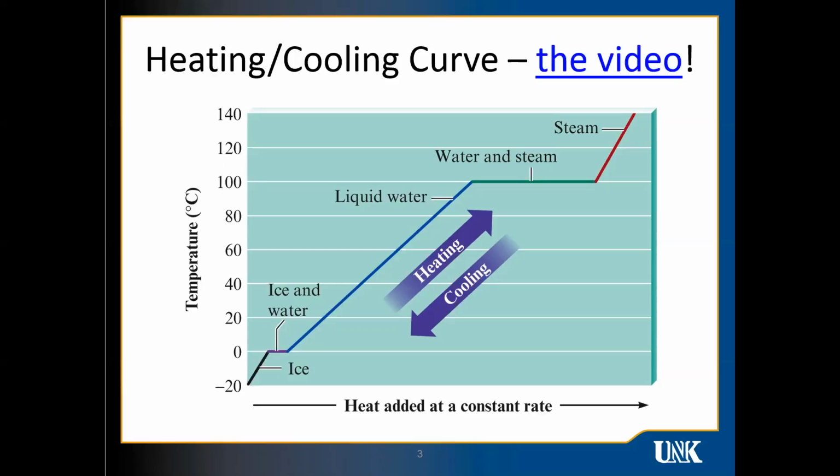So, for instance, if we start out with ice and heat it to melt it, when that ice reaches 0 degrees, that temperature will not change during the melting process. As it melts, the temperature stays constant. Once it's all melted, as we continue to add heat, the temperature of the resulting liquid water will increase. But when we get to the boiling point and the water starts to boil, its temperature will remain constant until the water is all boiled off.